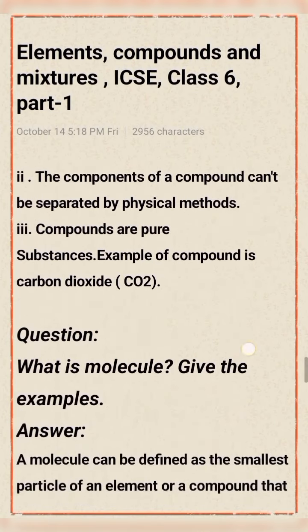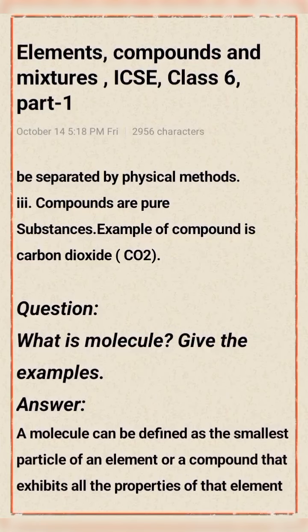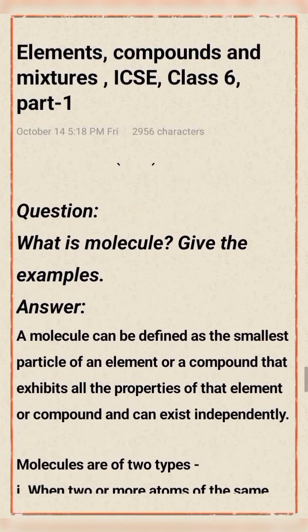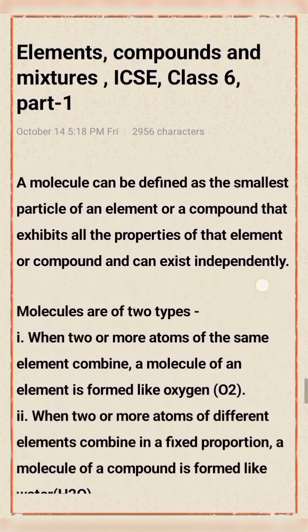Next question: what is a molecule? Give an example. A molecule can be defined as the smallest particle of an element or a compound that exhibits all the properties of that element or compound and can exist independently. Molecules are of two types.